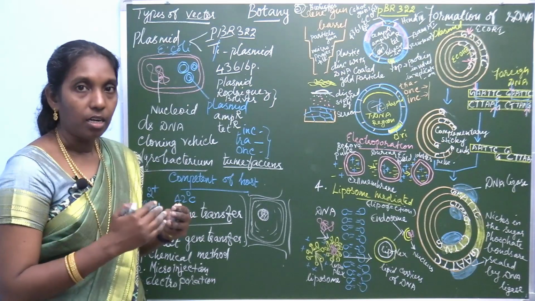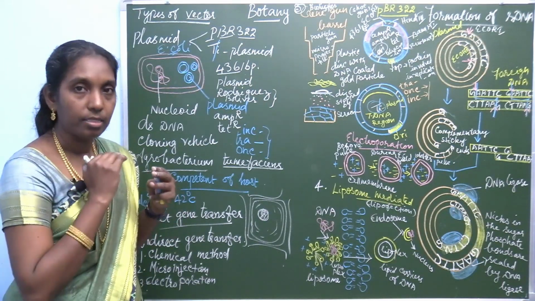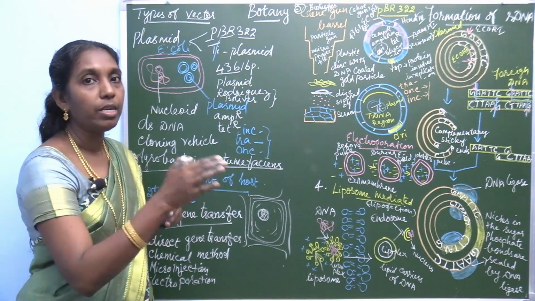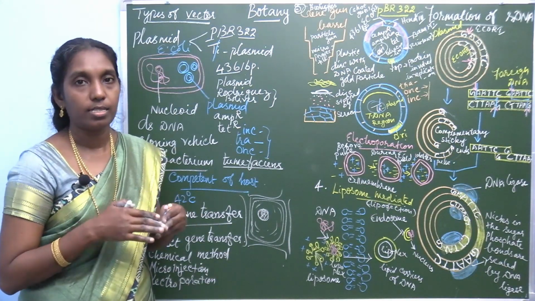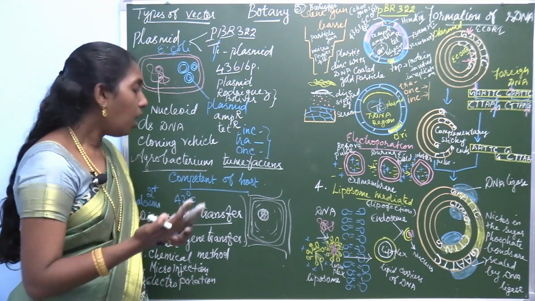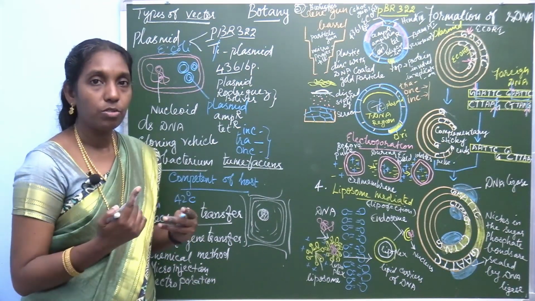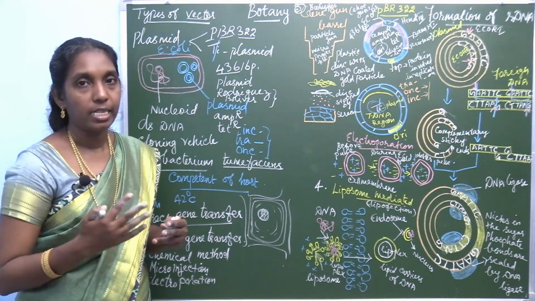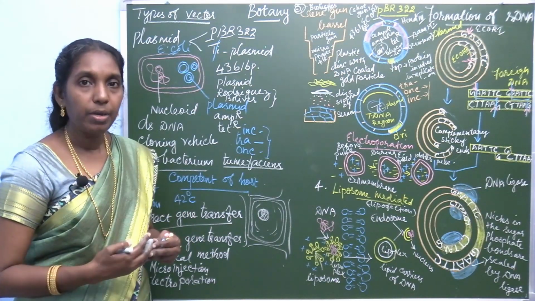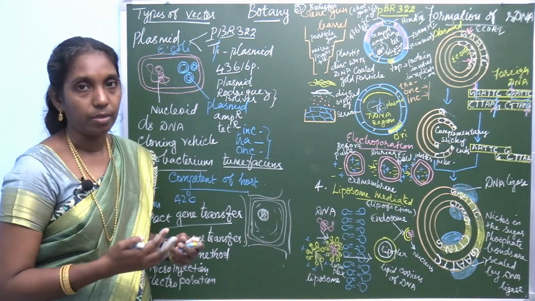Without a vector, in 5 different ways the recombinant gene, or the foreign gene, can be introduced into the target cell. How to transfer? Now, the first one is the chemical method of gene transfer. Some chemicals can be used.